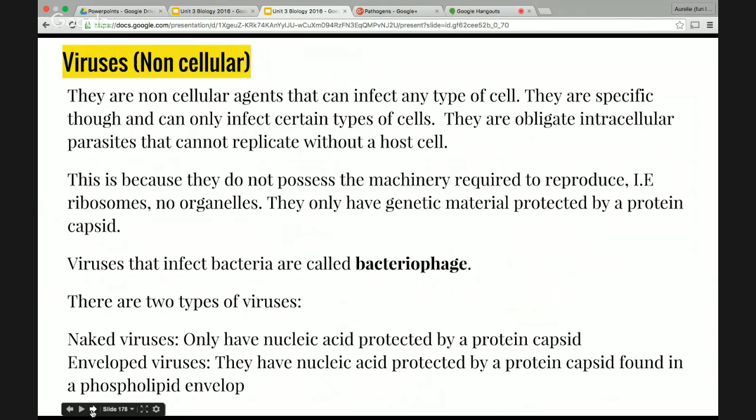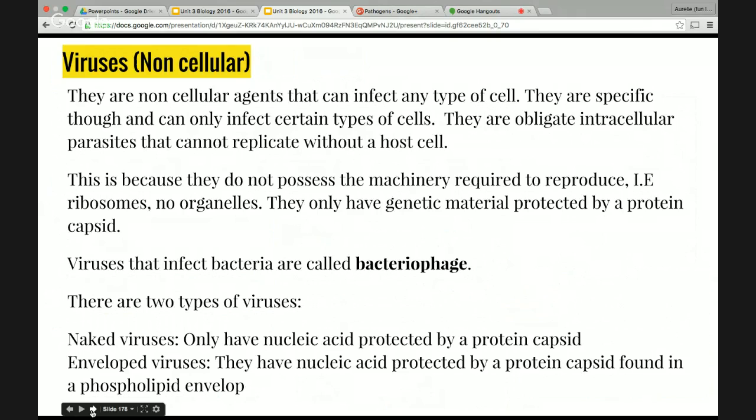There are two types of viruses. There are naked viruses, which is basically only the nucleic acid, the genetic material, protected by a protein capsid. Then you have enveloped viruses, which have nucleic acid protected by the protein capsid, but it's found in a phospholipid envelope.